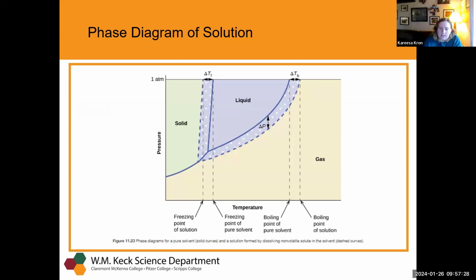And we can summarize the changes that I just discussed as a phase diagram in the solution. If you compare the freezing point of your solution to the freezing point of the pure solvent, it lowers in temperature. And if you look at the boiling point of the pure solvent versus the solution, you raise in temperature.